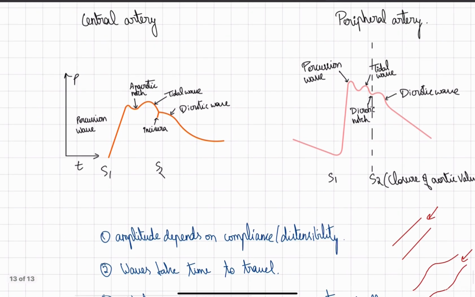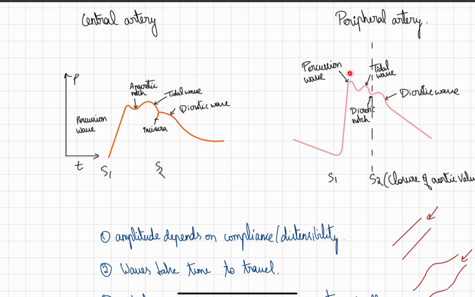As we have seen, the first point is the central artery percussion wave. This whole thing is a percussion wave, right? Okay, the percussion wave in the central artery is not as steep compared to a peripheral artery.